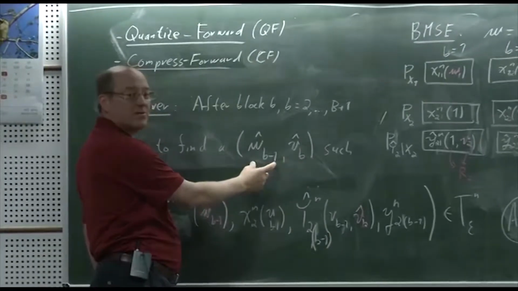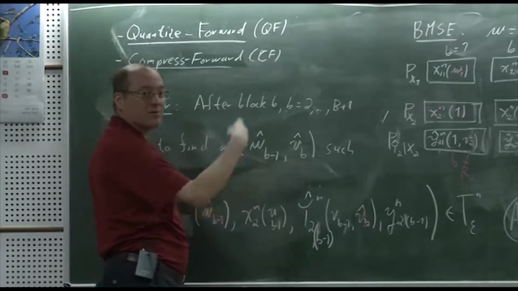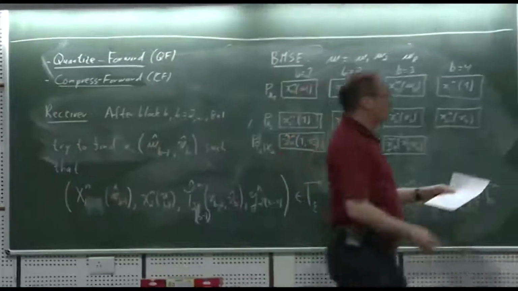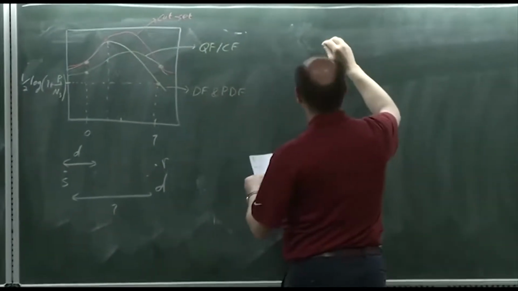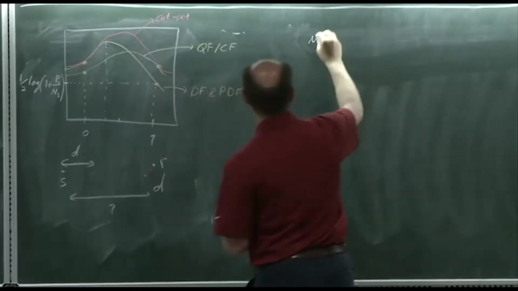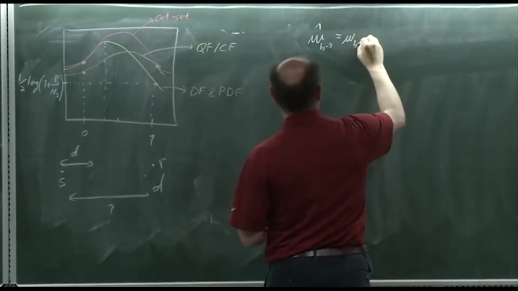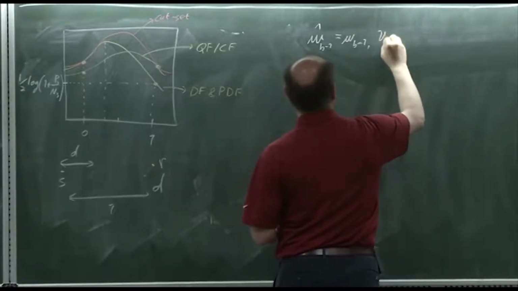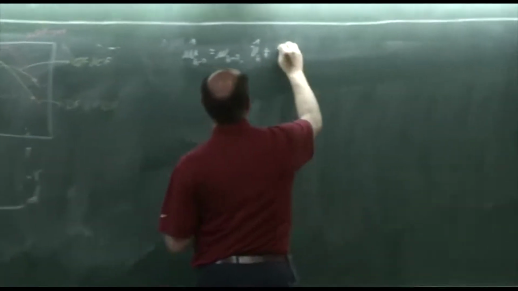This one is correct, this isn't, this one's correct, this isn't, and both are incorrect. So we'll have to check 3 bounds. So let's go through what those are. So let's say, let's look at the case where W hat B minus 1 is equal to W B minus 1, but V B hat is not equal to V B.